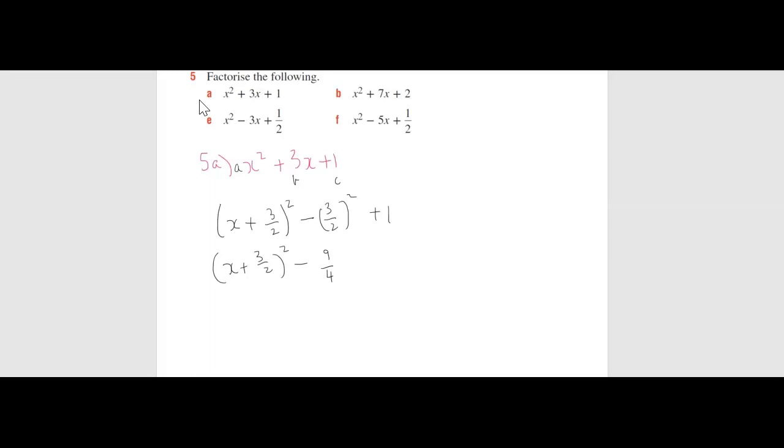Now, the 1, because we're eventually going to be adding it, if you're adding fractions, it's always a good idea to have the same denominator. So 1 is the same as 4 on 4. So minus 9 on 4 plus 4 on 4 is going to be minus 5 on 4. Just make sure that's right.